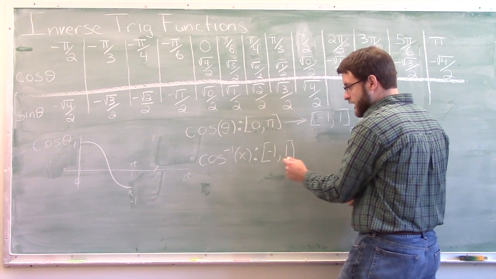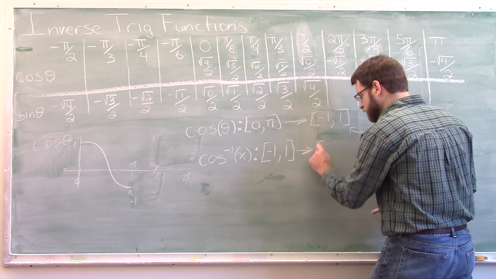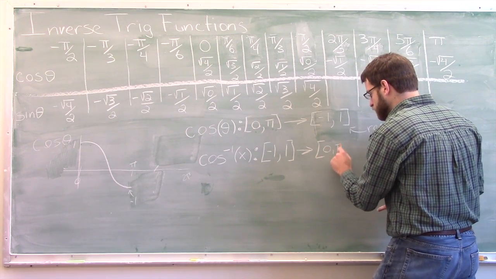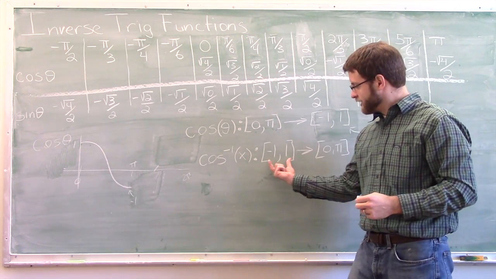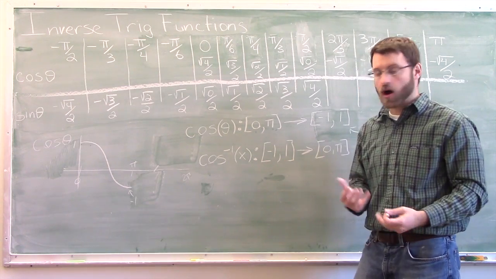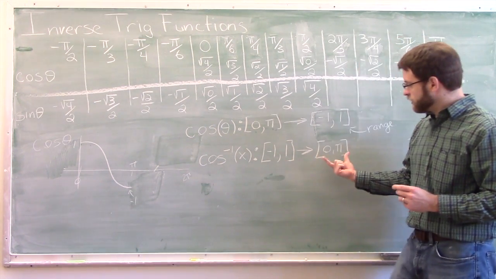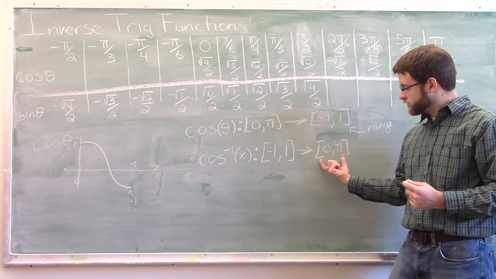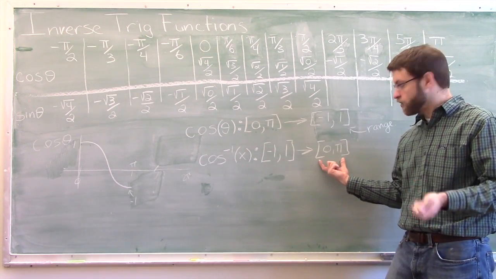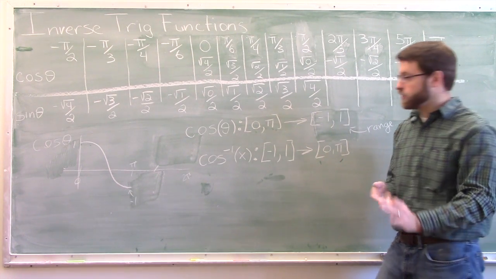That'll be the domain of the inverse cosine, and it will map that to 0 to pi. So the domain of the inverse cosine is -1 to 1. Those are the possible outputs of the cosine function. And then because of the way that we're defining it, this inverse cosine is going to take on a value between 0 and pi. So between 0 degrees and 180 degrees.